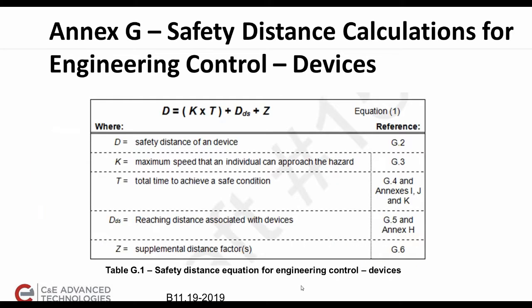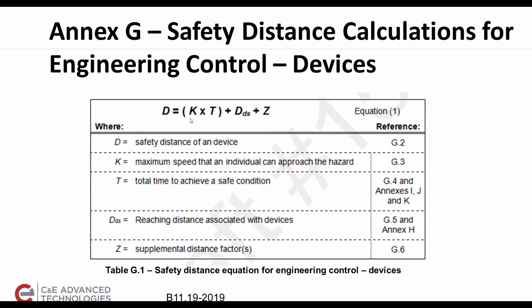This is a reference to a number of the annexes that we talked about. The equation that we use for the safety calculations, D, the separation distance, is the hand speed constant K times the time that it takes for the hazard to reach a safe state, plus the separation distance, the distance that someone could approach the hazard before being detected, and this last term Z, which is typically attributed to scanners, and that is an uncertainty value that is supplied by the manufacturer and is a function of the design of the device.